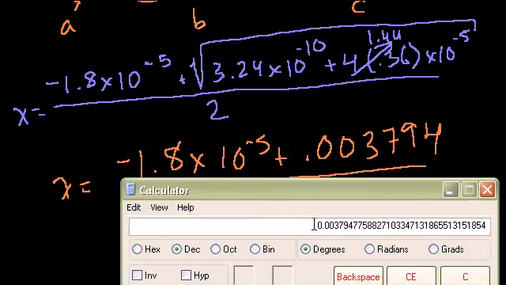So to that I'm going to subtract 1.8 e negative 5, this value right here. So this is the whole numerator, and now I need to just divide it by 2.